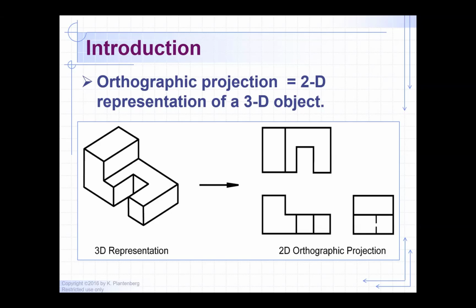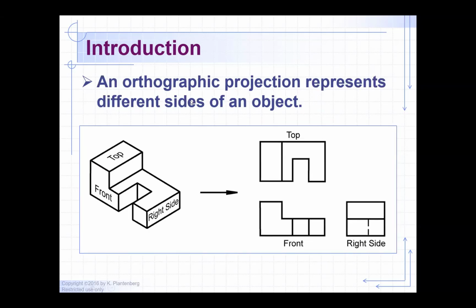But back to what we're saying, we've got this 3-dimensional object and we're representing it with 2-dimensional drawing views. And those drawing views are called orthographic projection. Now, we're going to learn the rules of how to create those orthographic projections. And one of the fundamental rules is the orientation or understanding which view is which.